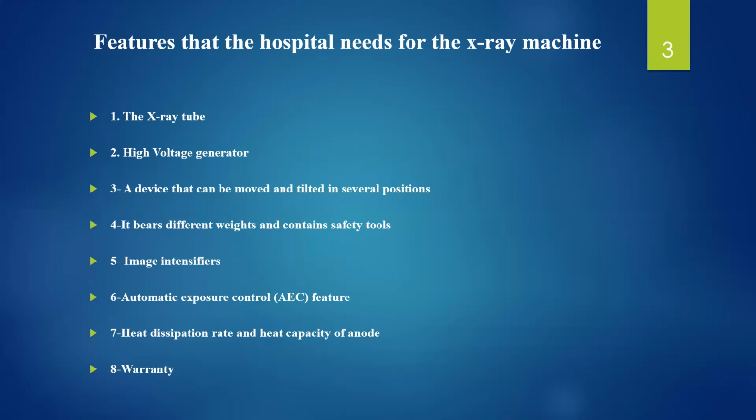It bears different weights and contains safety tools, image intensifiers, and the device should have automatic exposure control, which is AEC, and finally the heat dissipation rate and heat capacity of the anode. Finally, the device should have a warranty.